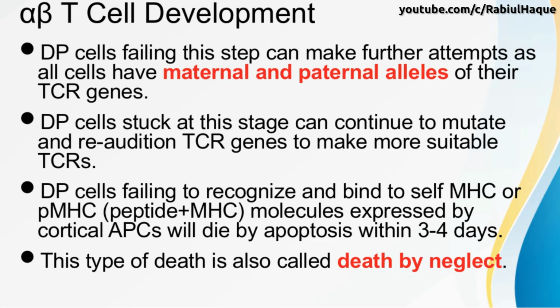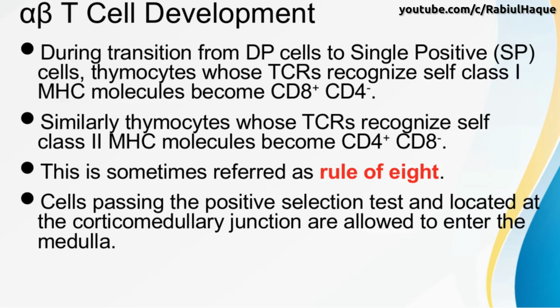So that is written in the third bullet point. Double positive cells that are failing to recognize and bind to self MHC molecules, or that are failing to bind with self MHC plus peptide molecules that are expressed by cortical antigen presenting cells, will die by apoptosis within 3 to 4 days. Always remember, this type of death is also called death by neglect.